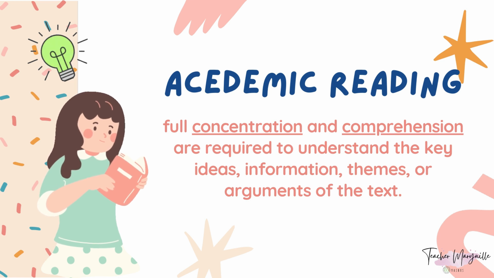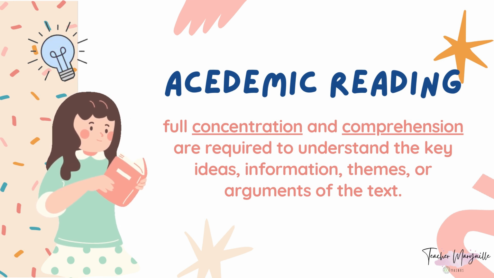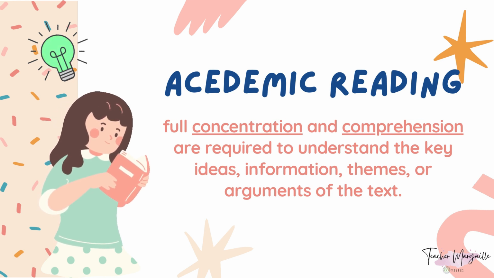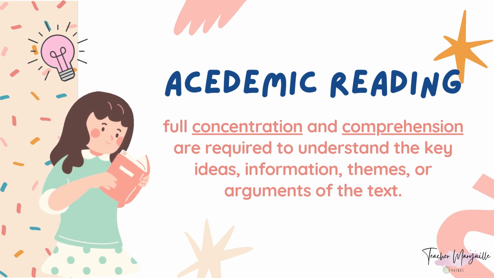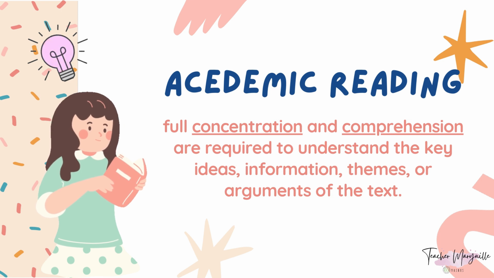Based on the examples, it can be said that in reading academic texts, full concentration and comprehension are required to understand the key ideas, information, themes, or arguments of the text.